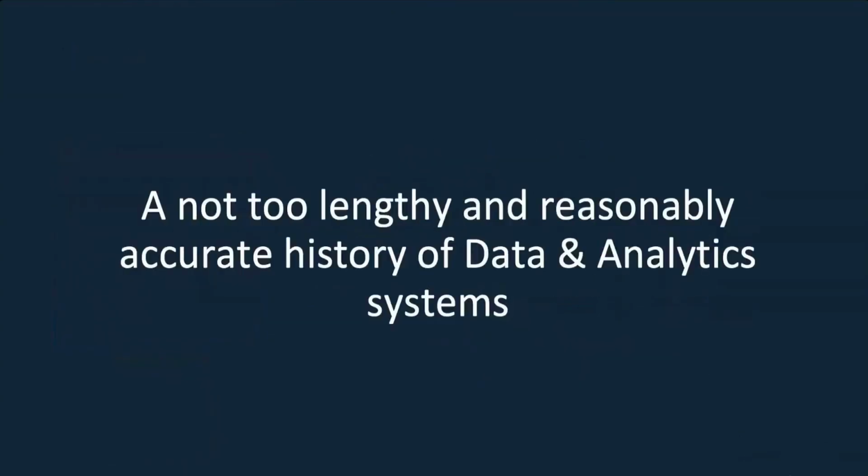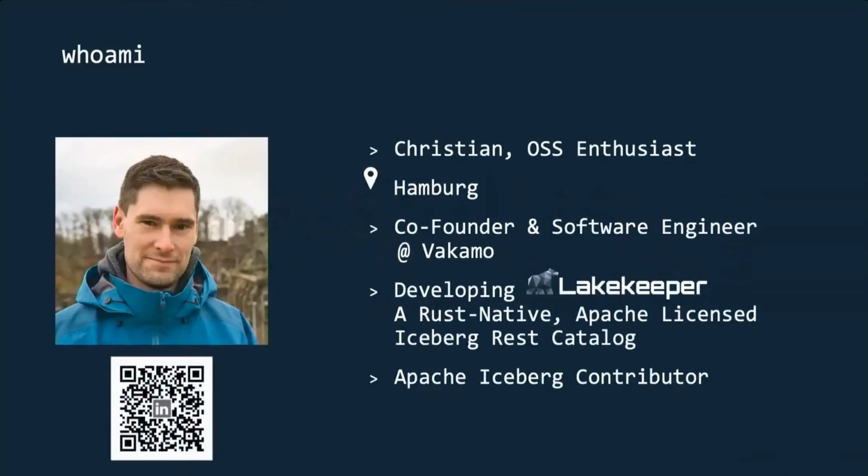First, a quick introduction of myself. My name is Christian. I live in Hamburg. I came down here mainly for this meetup. I'm a software engineer first and foremost, so I develop Rust code. What I currently spend most of my time on is Lakekeeper. I'll talk a little later about what Lakekeeper is and why you need a catalog in a lakehouse.